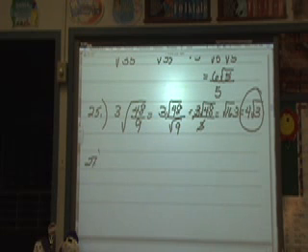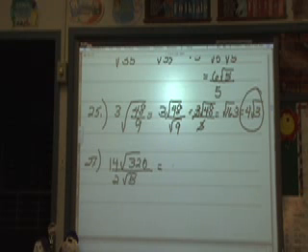Number 27. 14 radical 320 over 2 radical 5. Any ideas, Nick? What should we do? We could simplify the 2 and make that a 7.